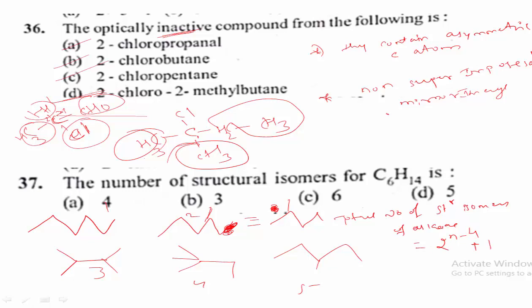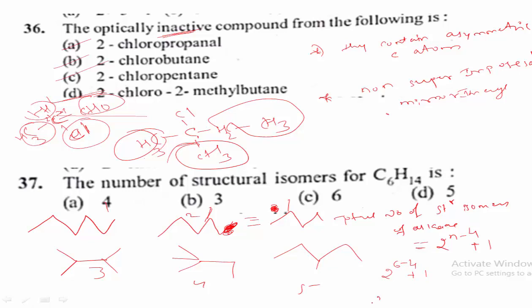Use this formula, then it is very easy to calculate the number of structural isomers. In the problem they gave C6, so n indicates the number of carbon atoms, that is 6. Therefore I write 2 to the power of 6 minus 4, plus 1.